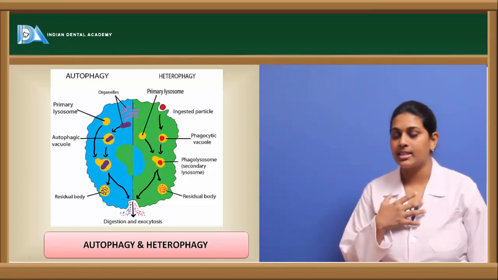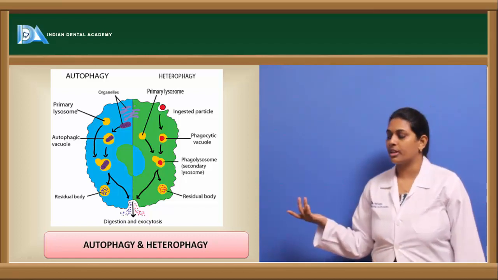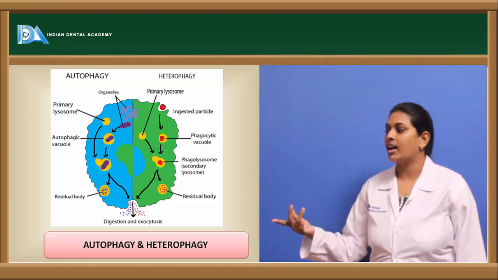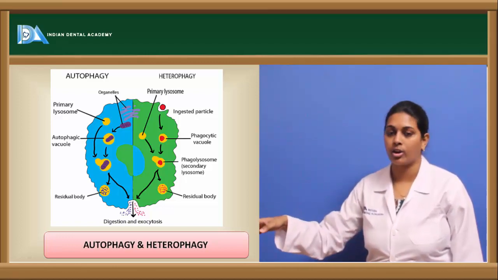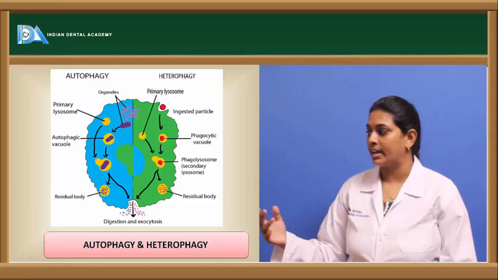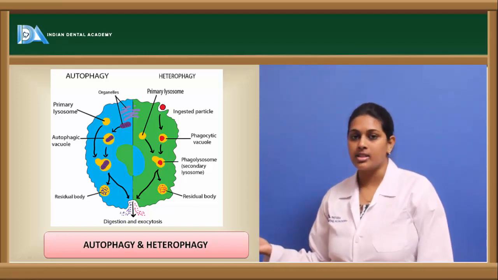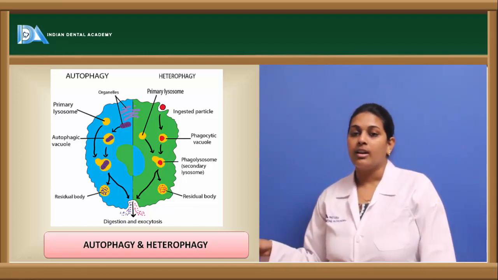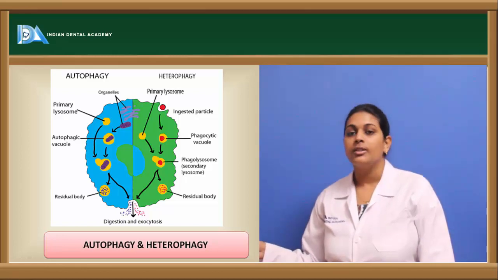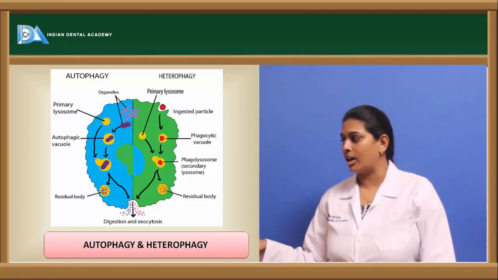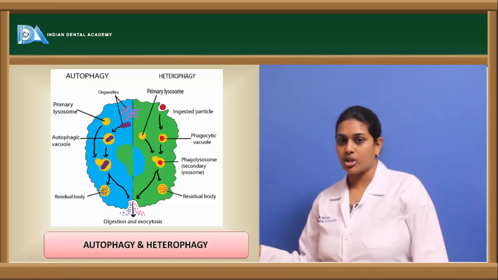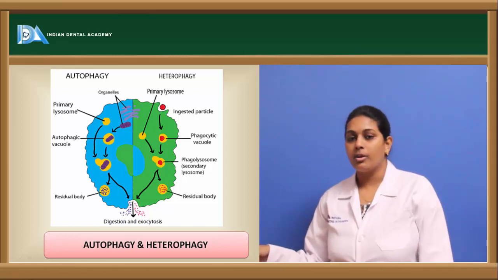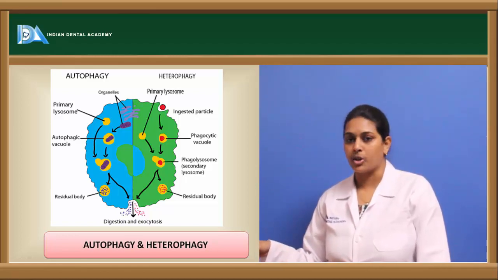Once they take up all the cell organelles, the endoplasmic reticulum and the mitochondria can be seen within the autophagic vacuole. This autophagic vacuole increases in size, fuses with the lysosome, and results in digestion of the cellular components because of the lysosomal process. This completes the process of autophagy.